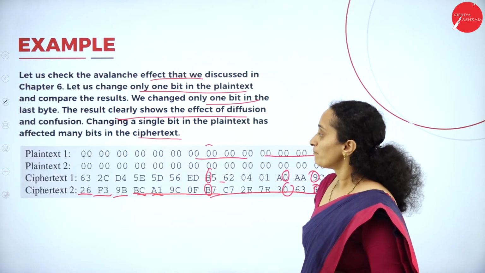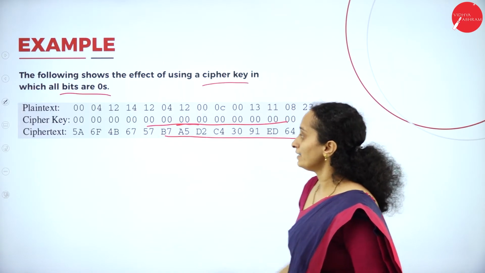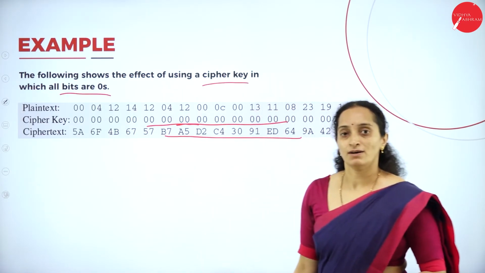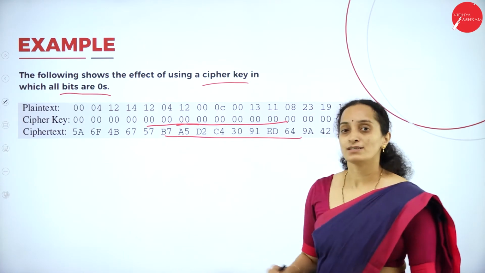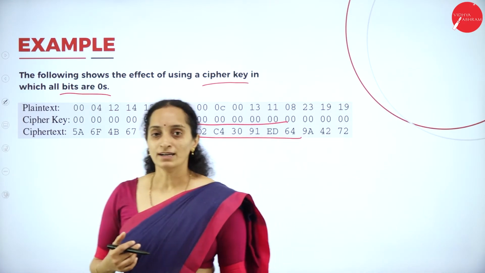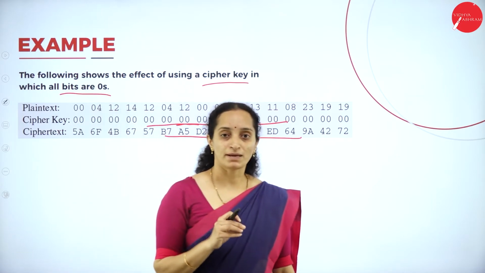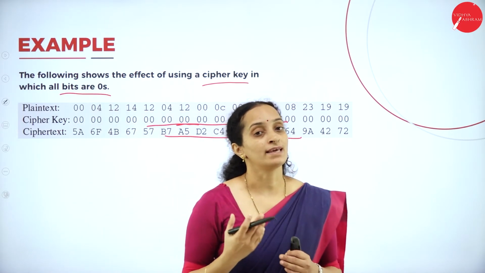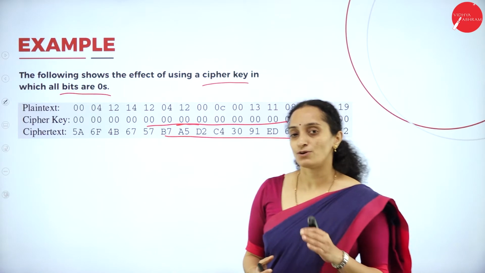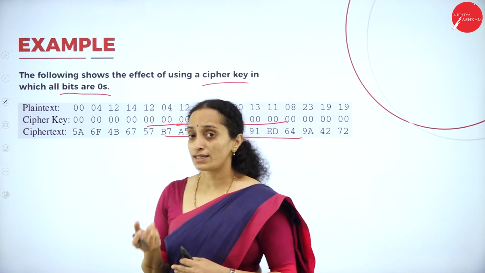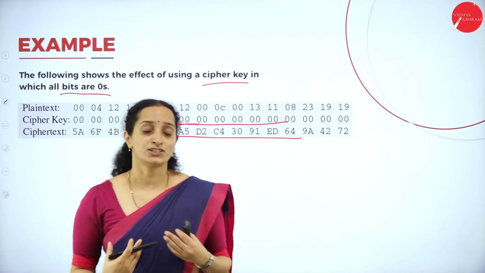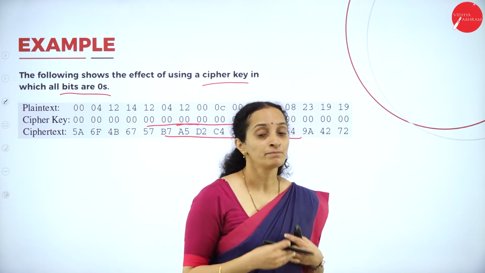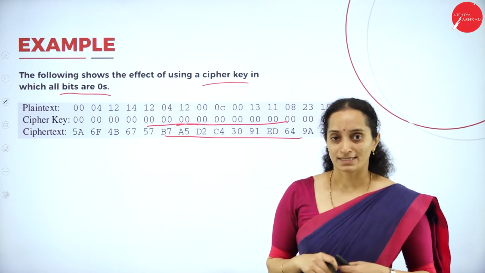When you use a different plain text and a cipher key of all zeros, again we get a new set of cipher text. That means even by changing one bit or making the cipher key all 0 or the plain text all 0, you can get a series of changed cipher texts in the AES cipher.